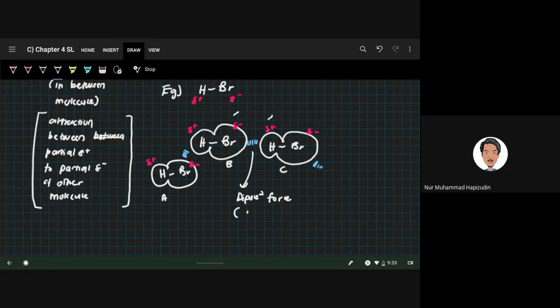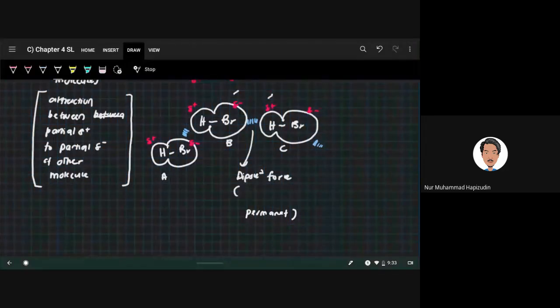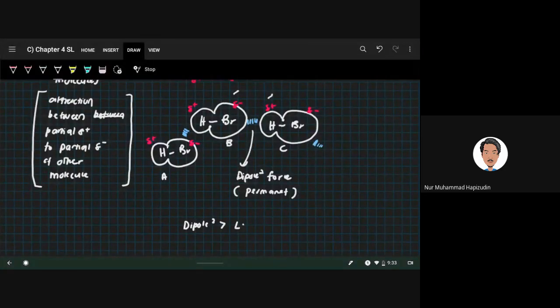So this is dipole force. It is permanent. So dipole force is more stronger than London.